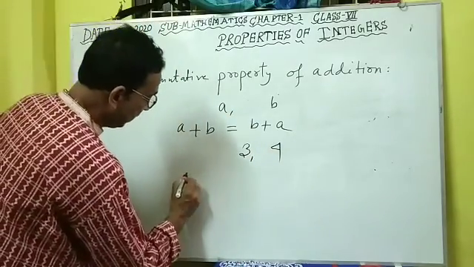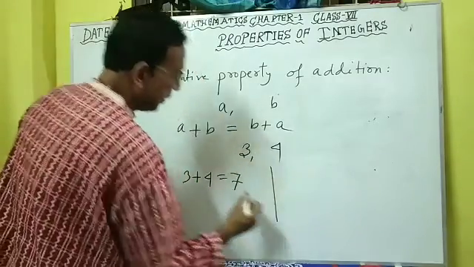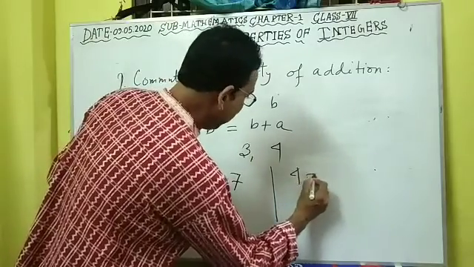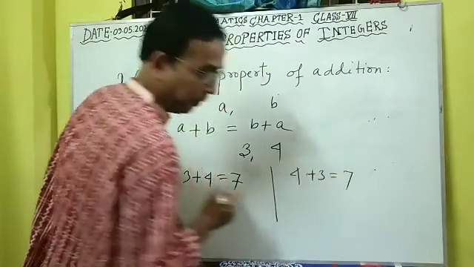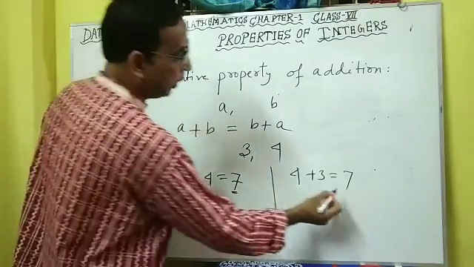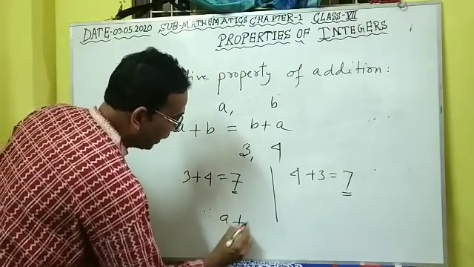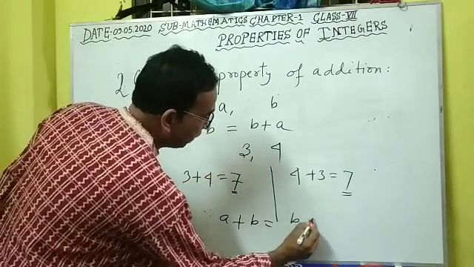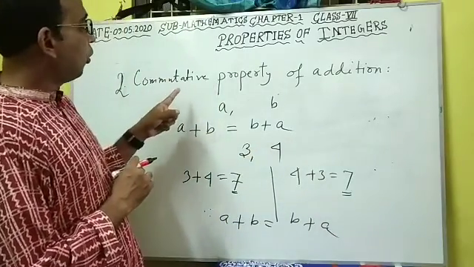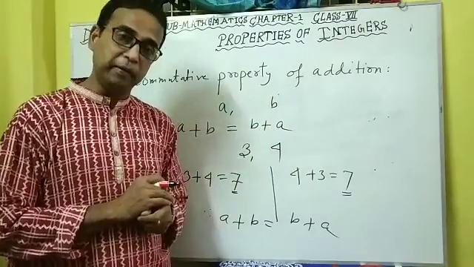Here 3 plus 4 is equal to 7. Again 4 plus 3 is equal to 7. That means this is equal to this. So a plus b is equal to b plus a. So commutative property of addition of integers is verified.